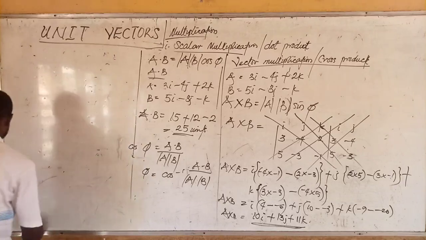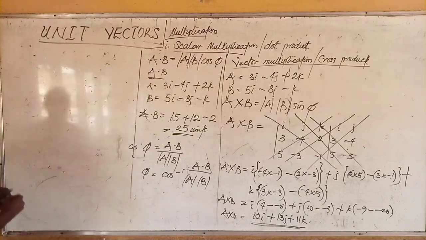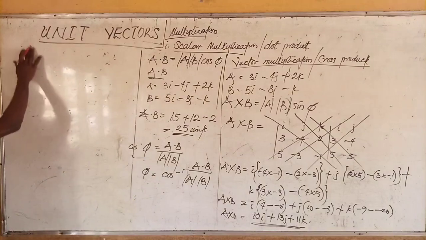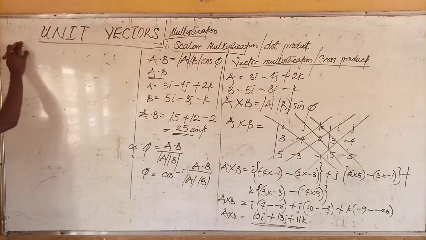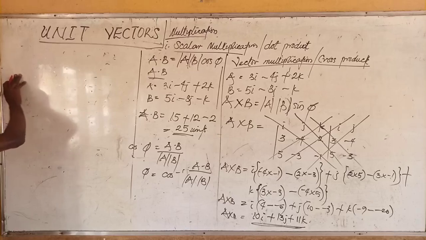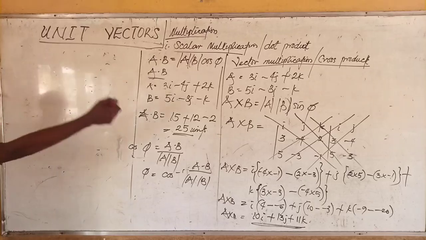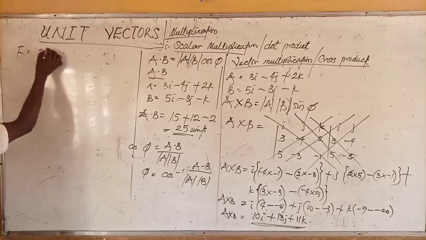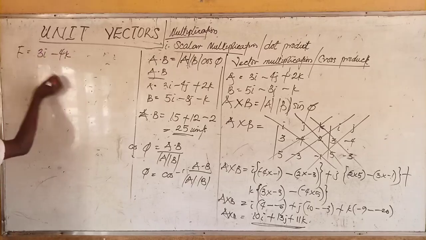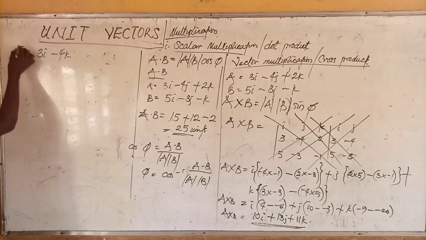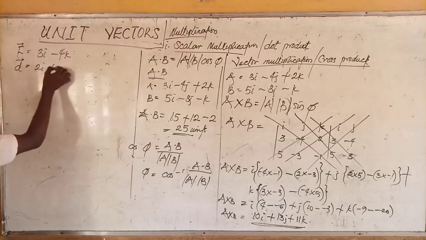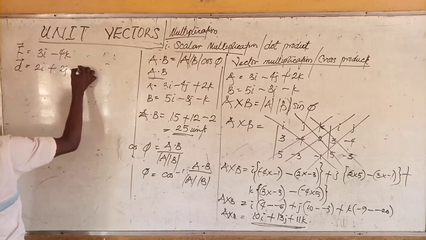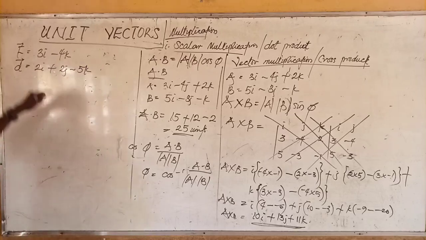So if you were told to find, for example, you are given vector F to be equal to 3i minus 4k, and you now have vector D to be 2i plus 2j minus 5k. Okay, so how do you do this?